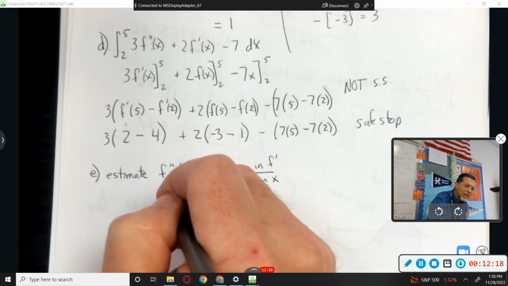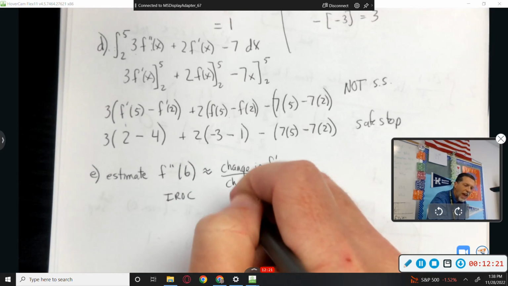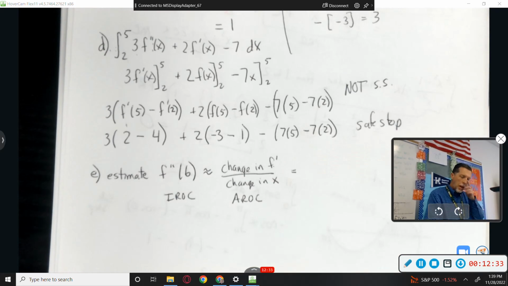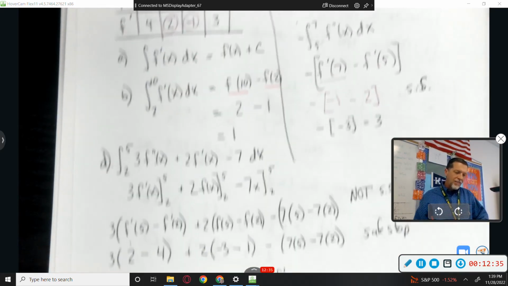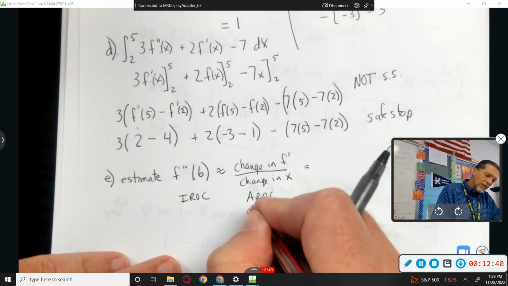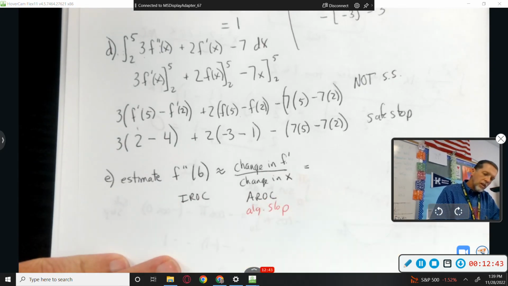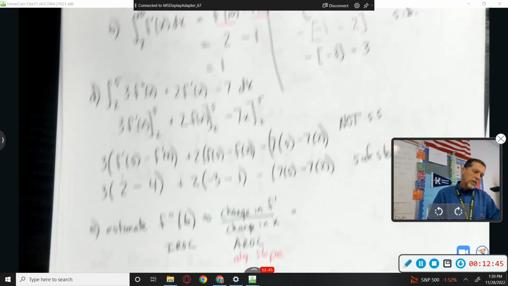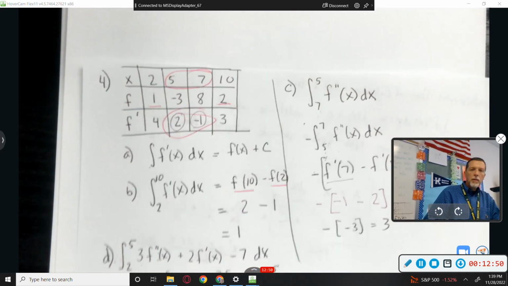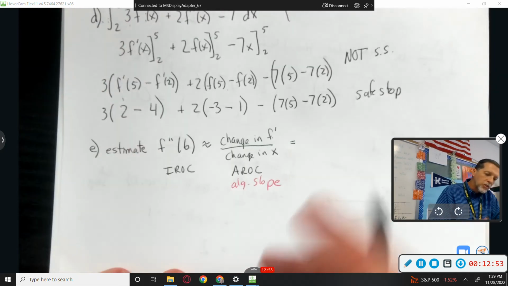This is an instant rate of change, and this is an average rate of change. So I can use the average rate of change of f prime to estimate the instantaneous rate of change. If I wanted to do it at 6, which values should we use? Average rate of change is just algebra slope. So yeah, let's use 5 and 7. And that'll be close enough.